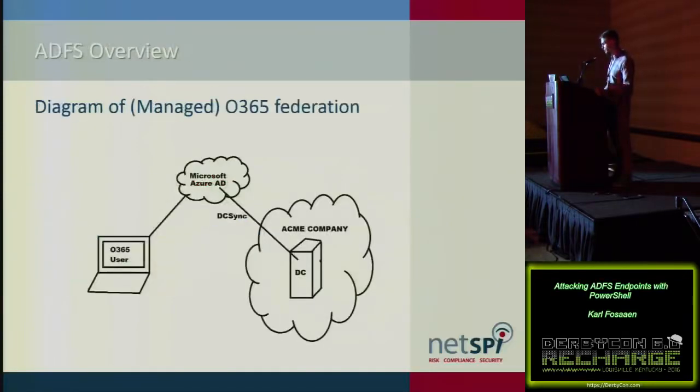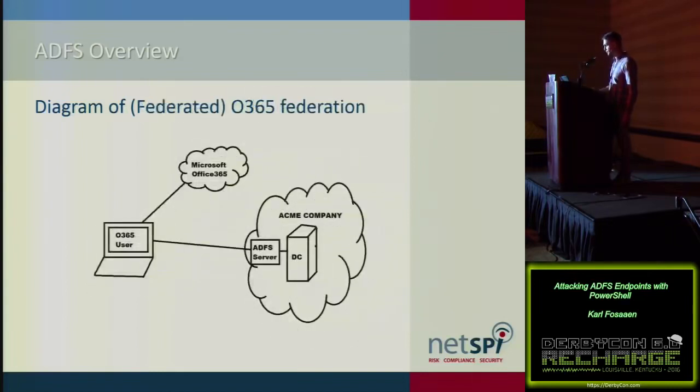So just kind of a picture diagram for people that are more visual. Here's what the managed federation looks like. You're looking at a DC sync between the Microsoft Azure Active Directory and the Acme company. So yeah, thank you, Microsoft Paint. So anyways, as an Office 365 user goes to authenticate to Microsoft for Office 365, they go out to the Azure AD, authenticate against that, we're good.